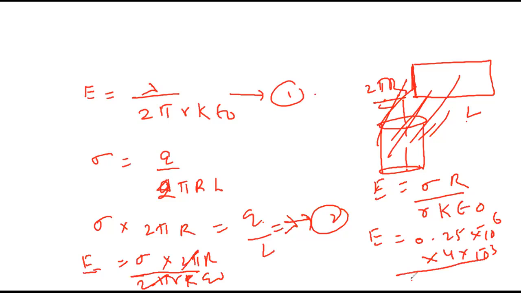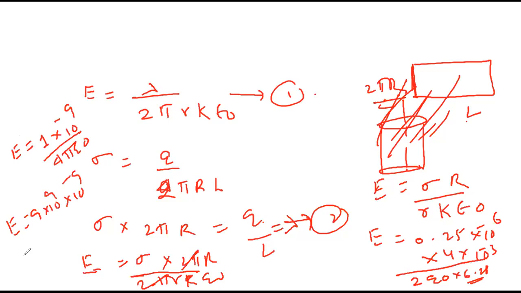Small r is 2 meter. K is 6.28, which is 2 pi. So ultimately it becomes 0.25 into 4 is 1 into 10 raised to minus 9 upon 4 pi epsilon naught. So this will become 9 into 10 raised to 9 into 10 raised to minus 9. So it becomes 9 volt per meter. From sigma, we should know first how to find lambda, which is charge per unit length.